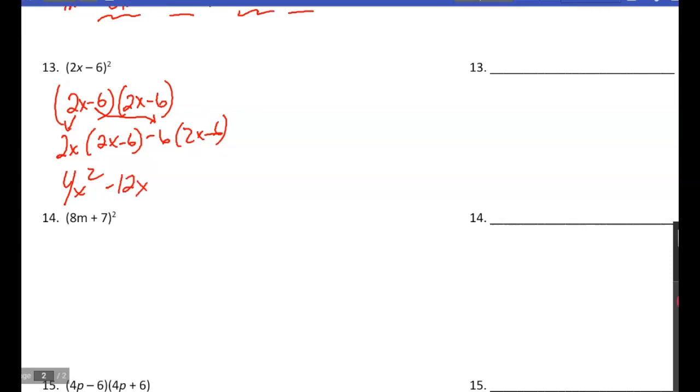And again, so I had 2x times negative 6 to get negative 12x. Now I have negative 6 times 2x to get negative 12x again. And then I have negative 6 times negative 6 is a positive 36. That combines to get a negative 24x. So I have 4x squared minus 24x plus 36.